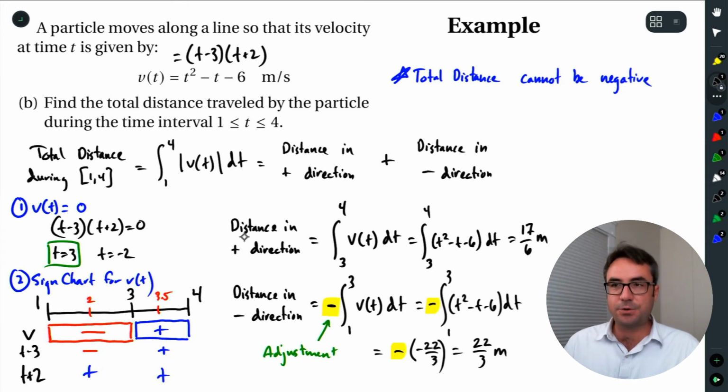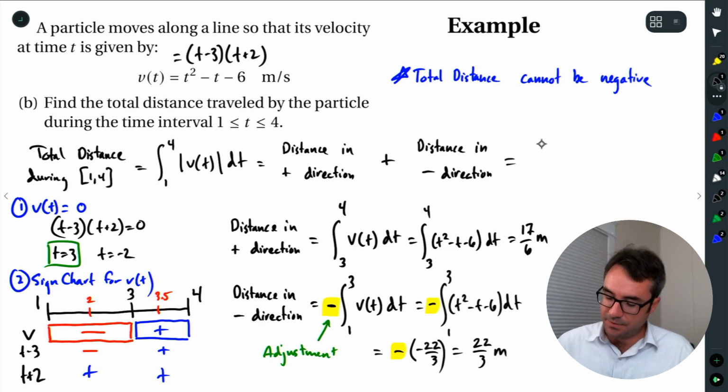So the distance that we travel in the positive direction we found was 17/6 meters. The distance that we travel in the negative direction we found was 22/3 meters. And we just need to put it all together. So the total distance that we travel from 1 to 4 is just the sum of those two distances we found.